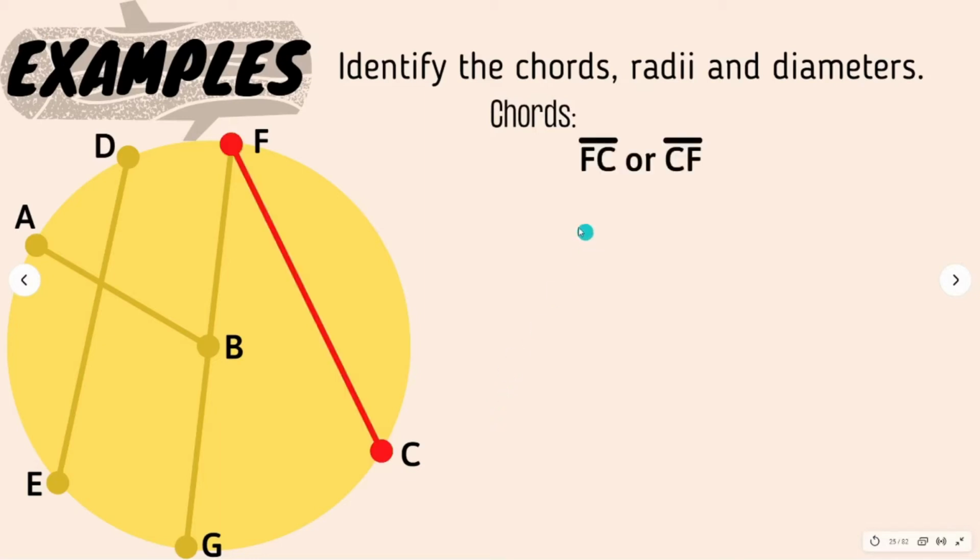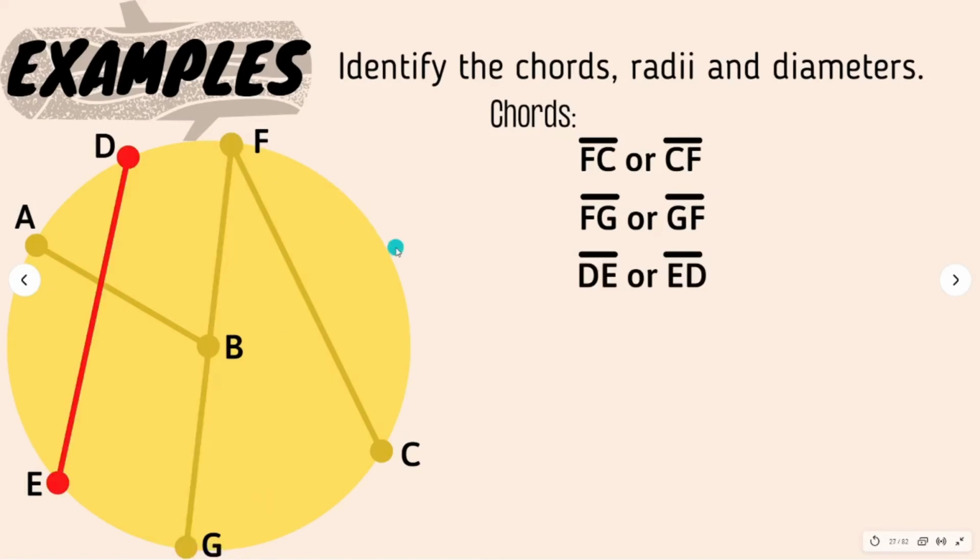Okay, now the chords are line segment FC or line segment CF, line segment FG or line segment GF, line segment DE or line segment ED. Now next, radii.